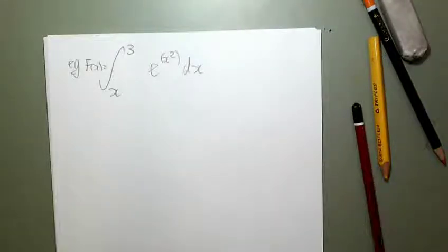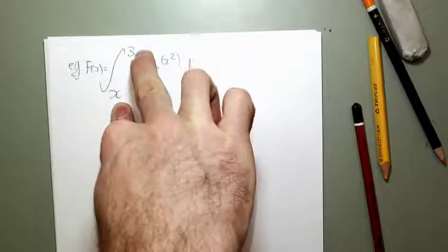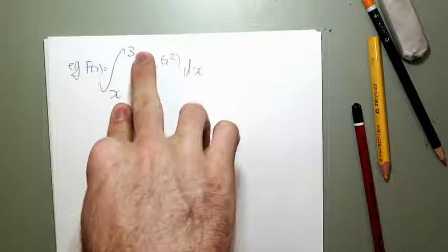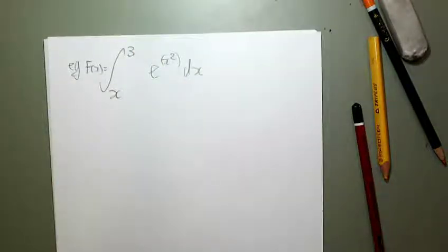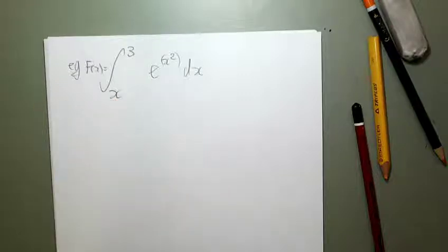So, we know what to do if there's a number here and an x here. And our normal chain rule thing only works if there's a number here. So I need to turn it into something that I do know how to deal with.